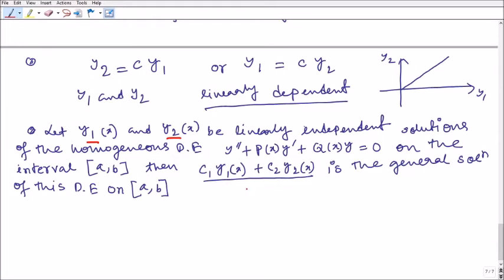So for suitable values of c1 and c2, we can obtain any solution of this homogeneous differential equation if y1 and y2 are linearly independent solutions. That means y2 will not vary linearly with y1 or vice versa.